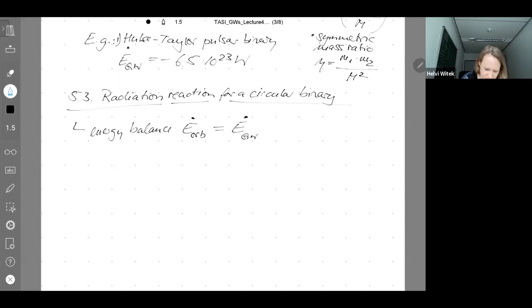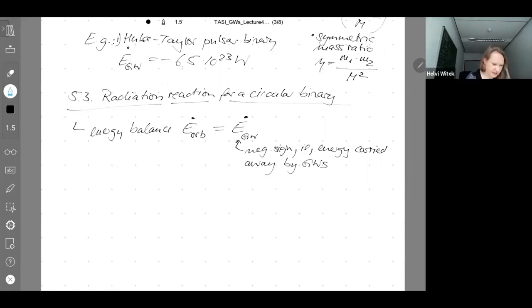And if you look at our equations, you see that this already has a negative sign. That is, energy is carried away from the system by gravitational waves.